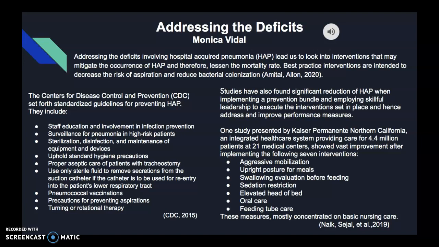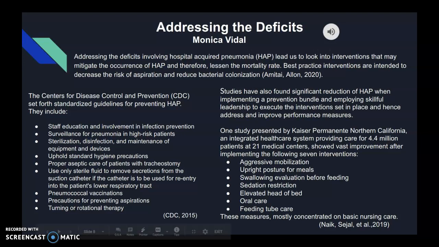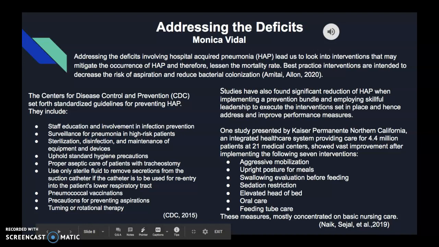Different hospitals have set forth their different prevention controls. A study done by Kaiser Permanente of Northern California found significant reduction in hospital-acquired pneumonia when they implemented a prevention bundle, and also in their employment of skillful leadership in order to properly execute such interventions.